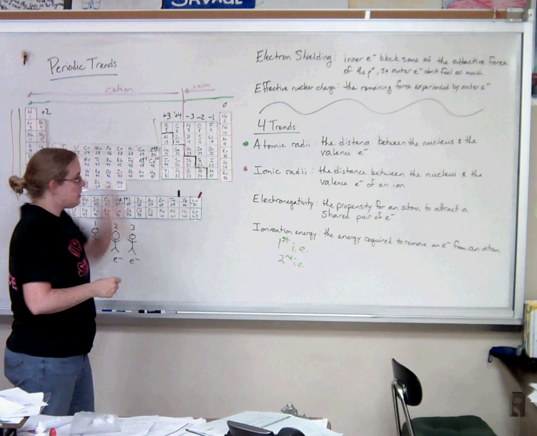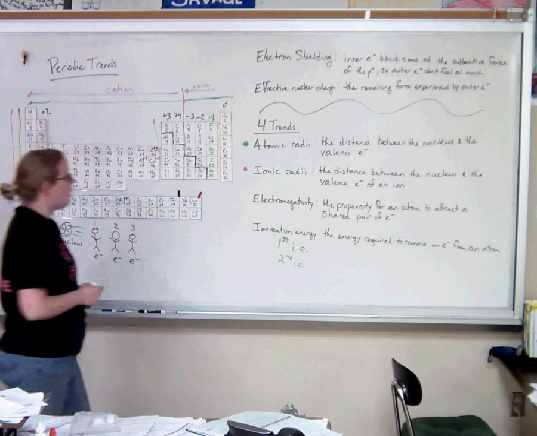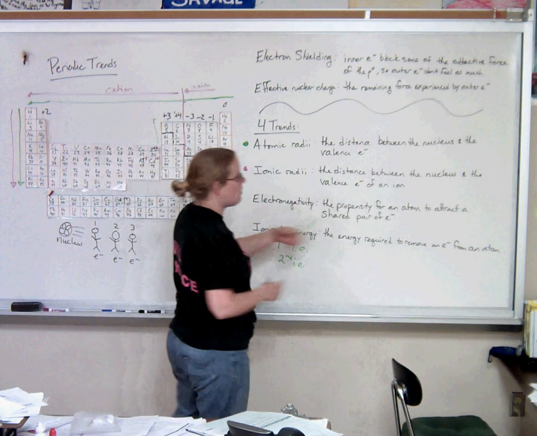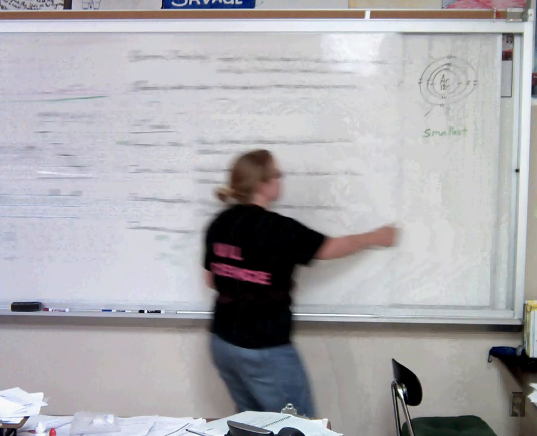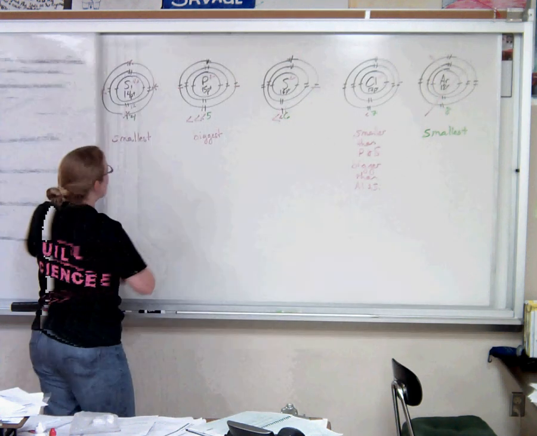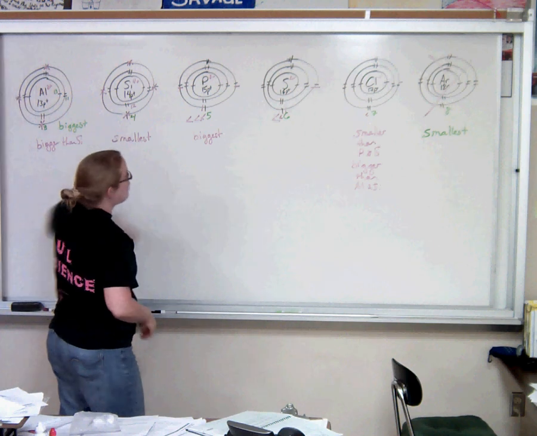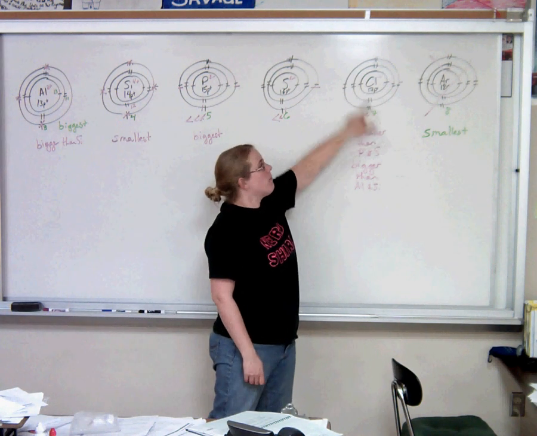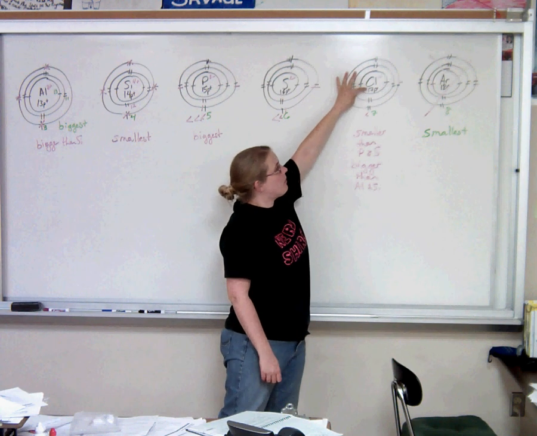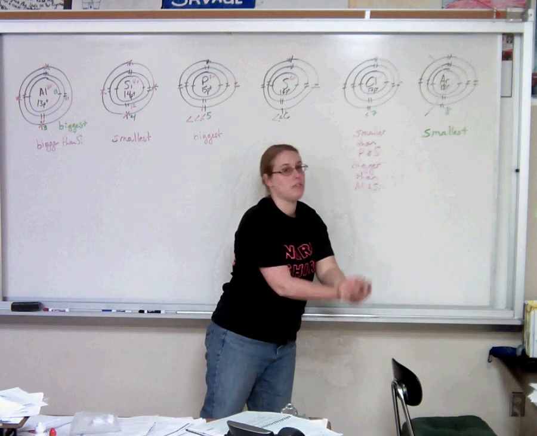All right, next one, electronegativity. What's the likelihood of an atom to attract somebody else's electrons? Well, that has to do, again, with your effective nuclear charge. The more pull your own valence electrons are feeling, the more the nucleus can attract somebody else's valence electrons.